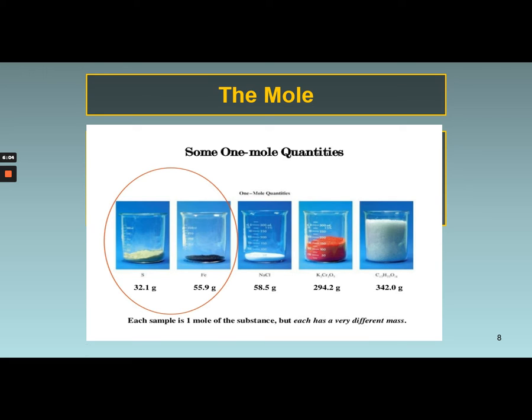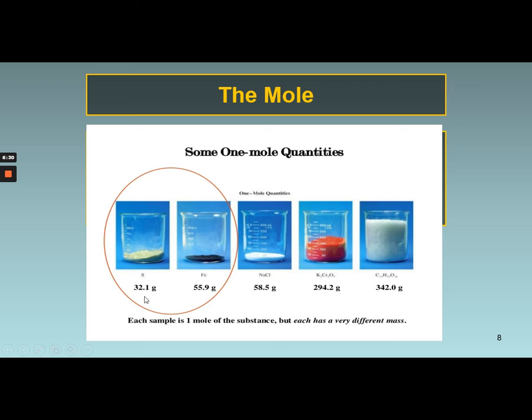Let's just look at things like elements, like sulfur. If you look on the periodic table, you will see that sulfur has a rough mass of 32.1 grams. So if I took a beaker, went to the balance, and kept adding sulfur until it equaled 32.1 grams, which is what's on the periodic table, that's equivalent to 1 mole.